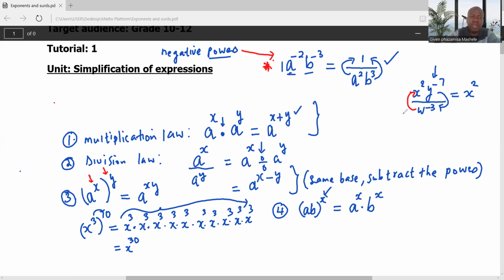So it means the answer will be x squared, y raised to the power of 3, divided by, I'm saying, it's x squared, y to the power of 3, and I'm saying w to the power of 3 divided by y to the power of 7.